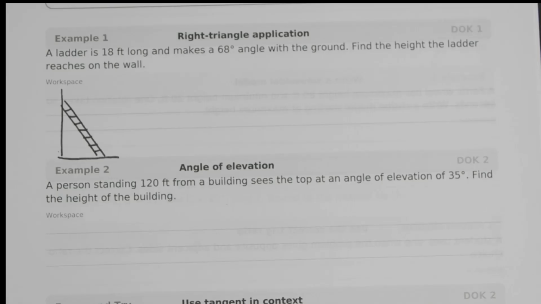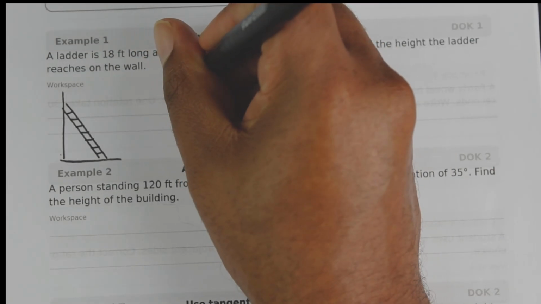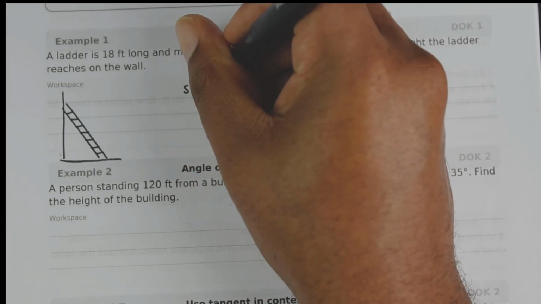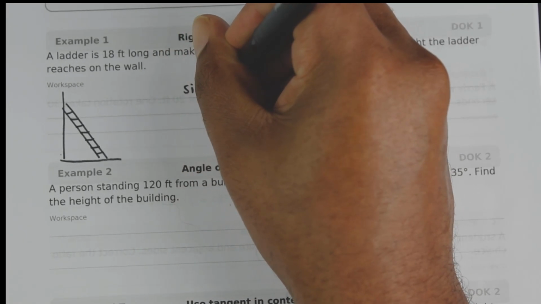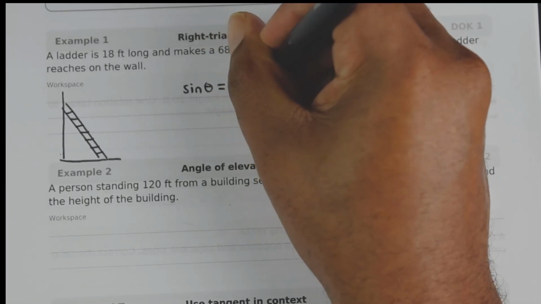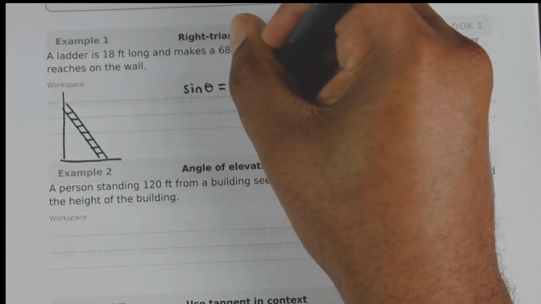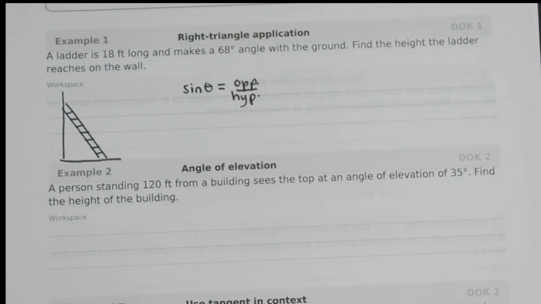So we have opposite and hypotenuse. That means we use sine. Sine theta is opposite over the hypotenuse.